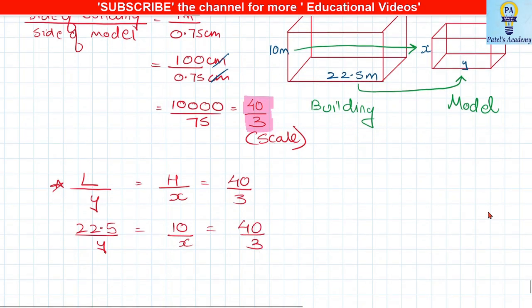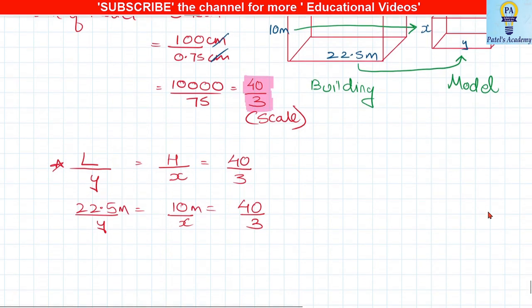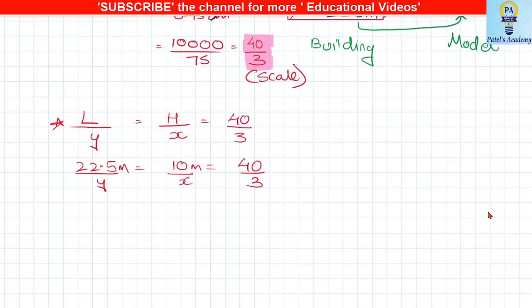So now I'll write meters over here. Now for easy calculations, before I cross multiply, let me convert this into centimeters. Yes, now all my calculations are going to be on a centimeter basis. 1 meter is 100 centimeters, 40 upon 3.